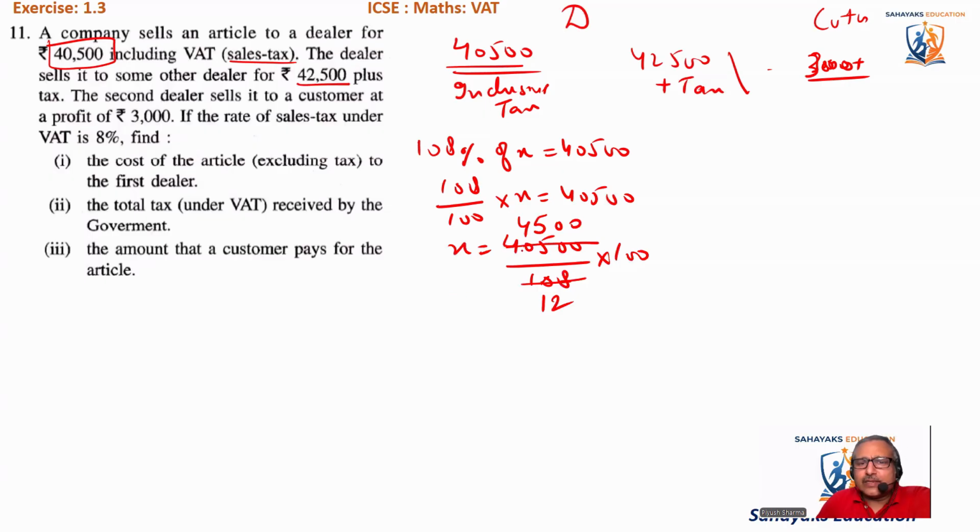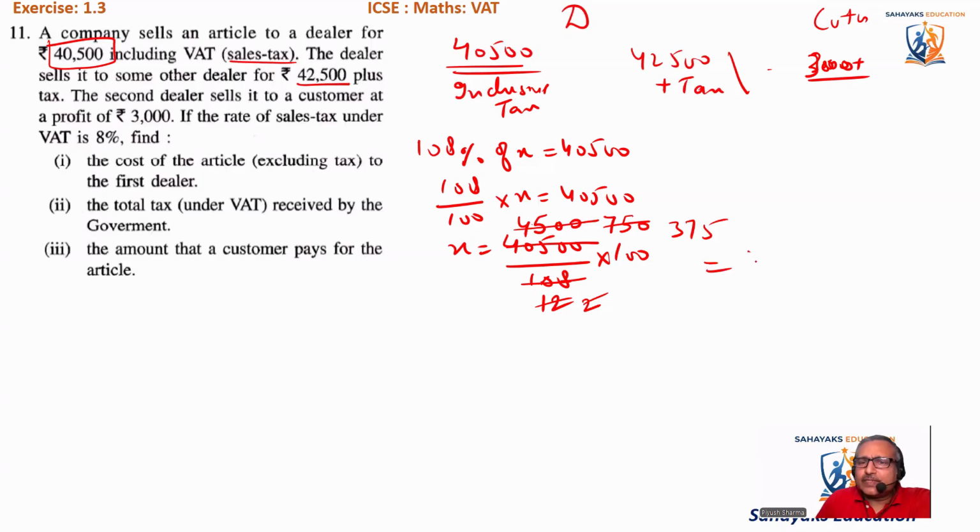9 fours are 36 and it becomes 45. 9 5s are 45. Then I'll cut it again. 6 twos are 12, or I can directly cut with 12. 6 sevens are 42, and 6 5s are 30. 2 3s are 6, 1 5 is 15, 2 7s are 14, and 2 5s are 10.